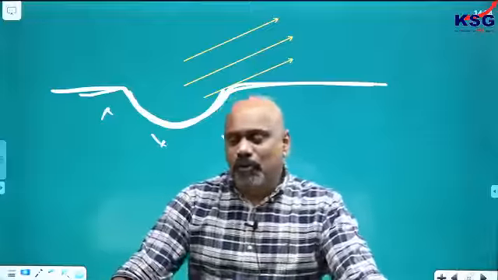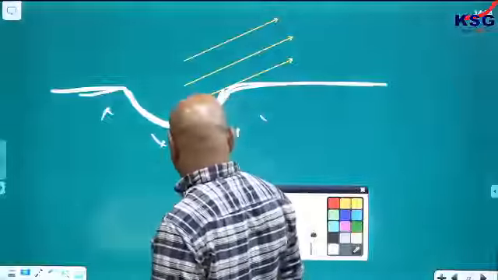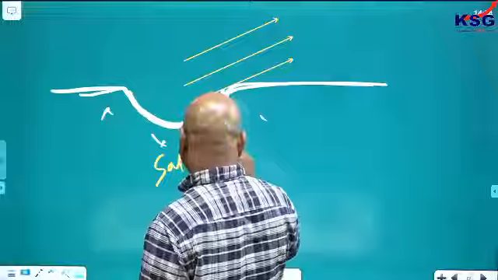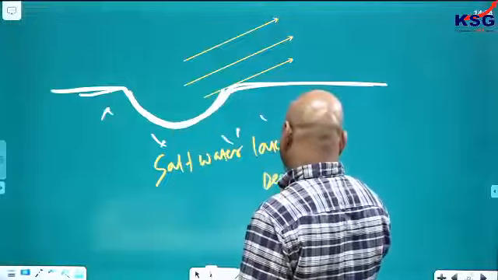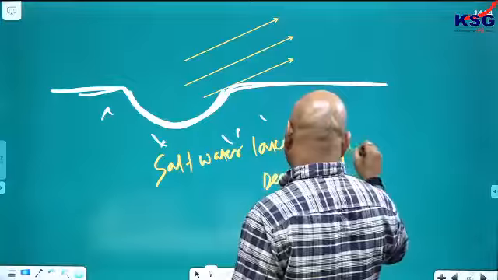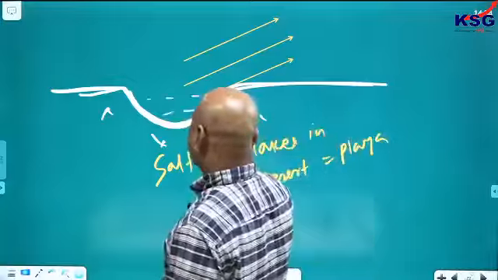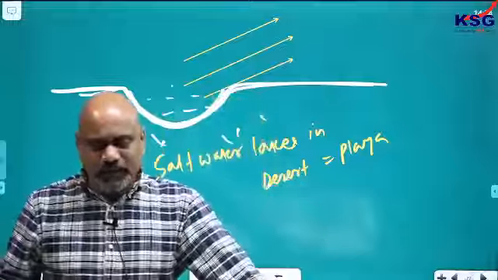Saline water lakes, salt water lakes in the desert, are known as playa. Salt water, saline water, playa lake.